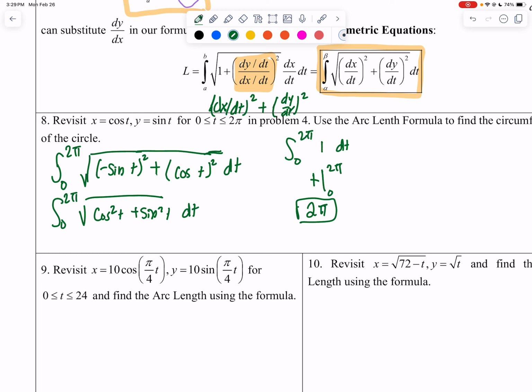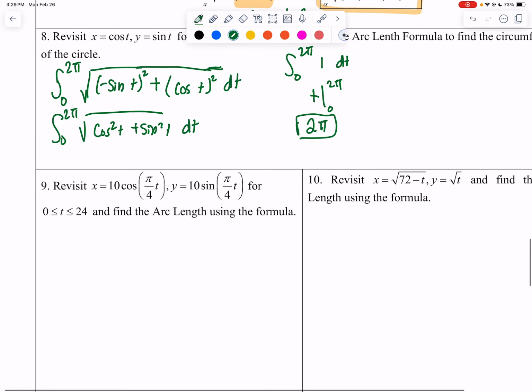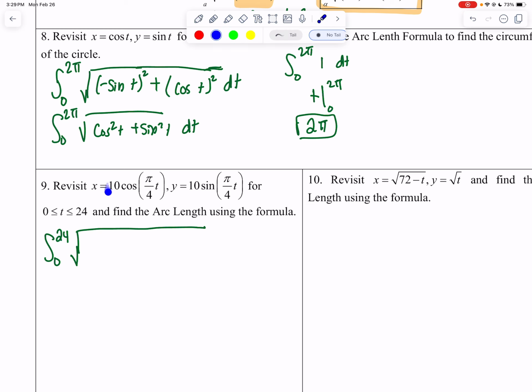Likewise, for number 9, if I want to find the arc length using our formula, we are going to go from 0 to 24 of my dx dt, so my derivative with respect to t. In this case, I'm going to have 10 pi over 4 sine of pi over 4 t, squared.